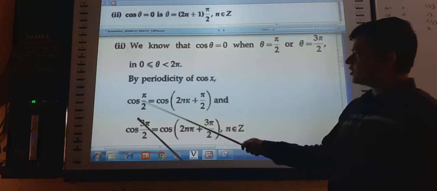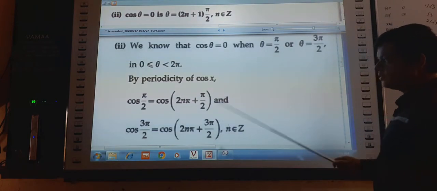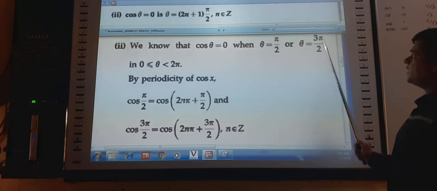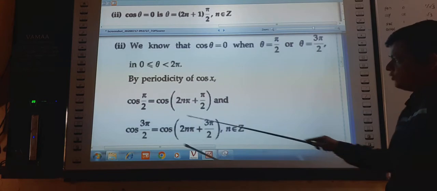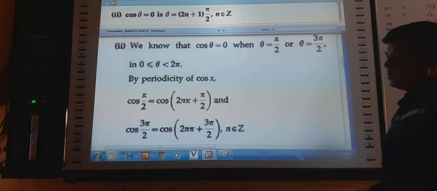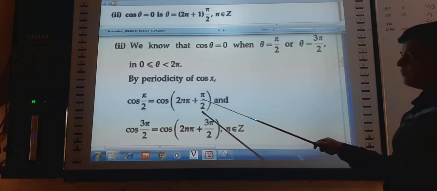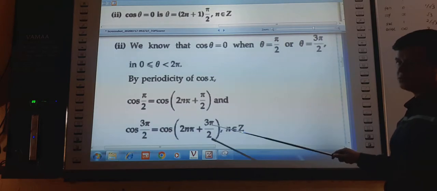From that we write cos pi by 2 equals cos (2n pi plus pi by 2), and for the same we use the angle theta equals 3 pi by 2. So instead of pi by 2 we write 3 pi by 2. Here we use the formula cos (2n pi plus theta) equals cos theta. From that we write these two conditions.